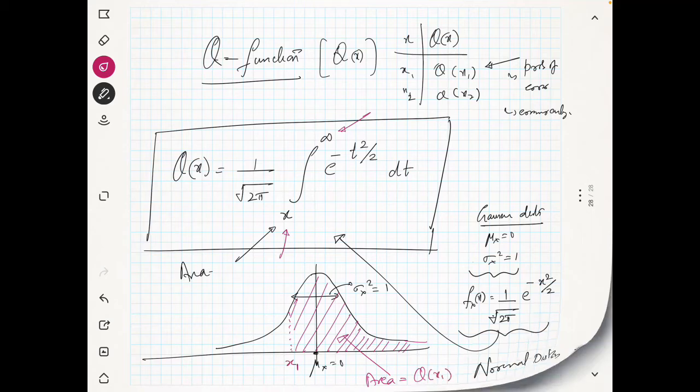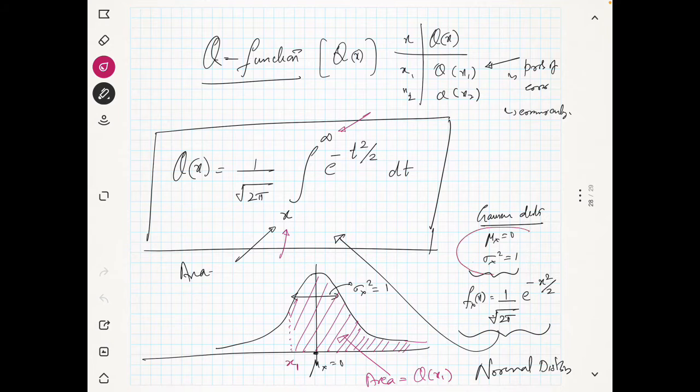Okay, now we will see. I hope this part is clear to you. So if you know the area for a standard normal distribution, that means with unit variance and mean equal to 0, then you can extend it for finding any other normal distribution, any other Gaussian distribution with another mean and variance which is not equal to 1.